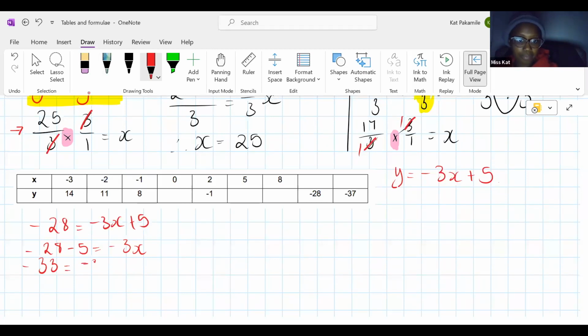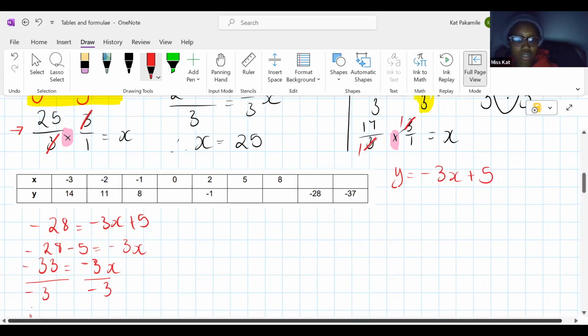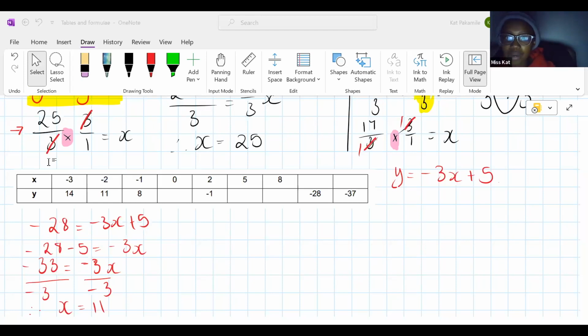And then I'm going to divide both sides by -3, because we must be left with x and not -x. Therefore, x is how much? 11, positive 11. Beautiful, Tammy. That was brilliant.